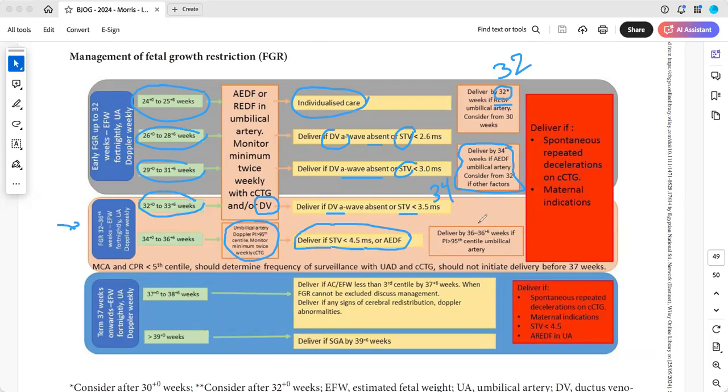Okay, so dear friends, when is the recommended time of delivery for this group? You will deliver by 36 to 36 plus 6, okay? If the PI is more than 95 centile in the umbilical artery Doppler, right?